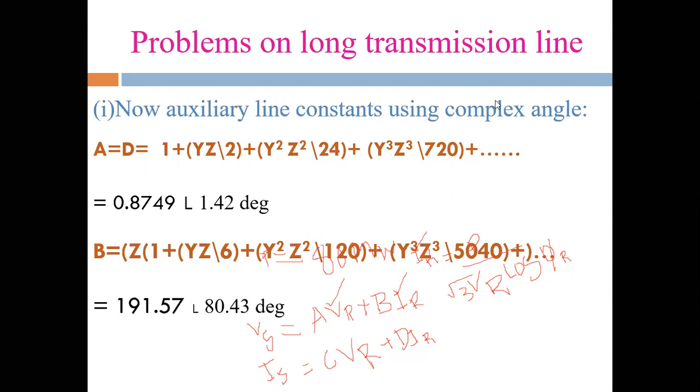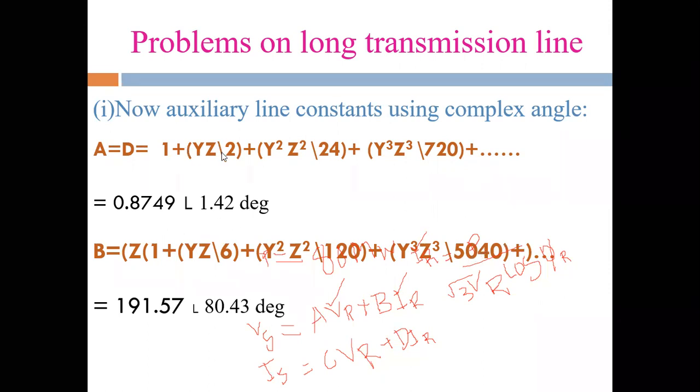By using this complex angle method, the A value is A is equal to D is equal to 1 plus YZ by 2 plus Y square Z square by 24 plus Y cube Z cube by 720 plus and so on. After that, we write the formula for B, that is B is equal to Z into 1 plus YZ by 6 plus Y square Z square by 120 plus Y cube Z cube by 5040.